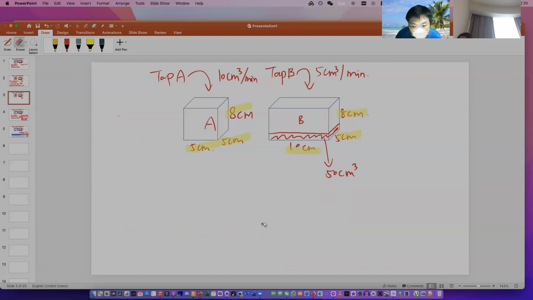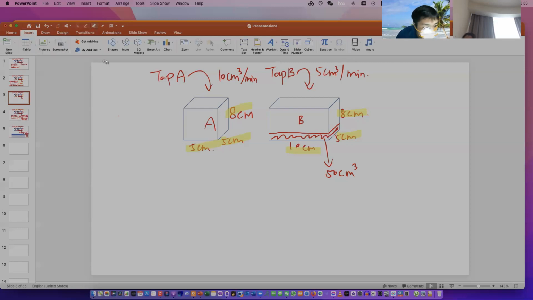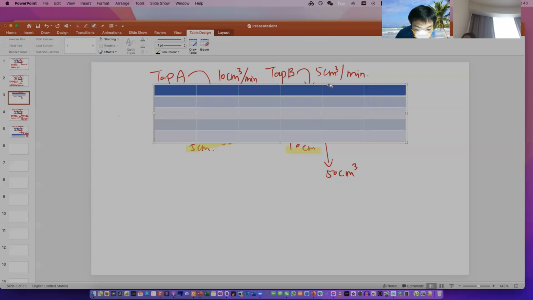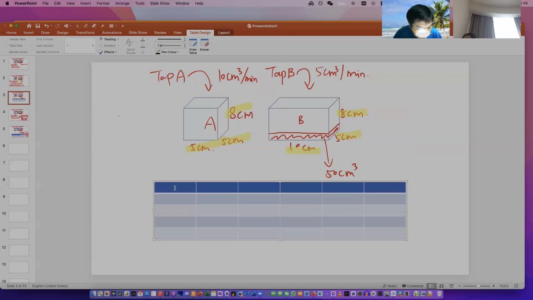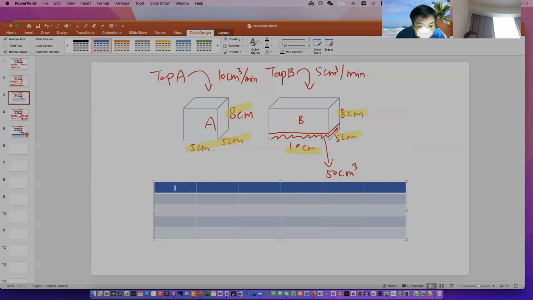You can actually solve this question by two methods. Okay, so number one, I will use the table method. In fact, the question asks, how long does it take for them both to reach the same height?